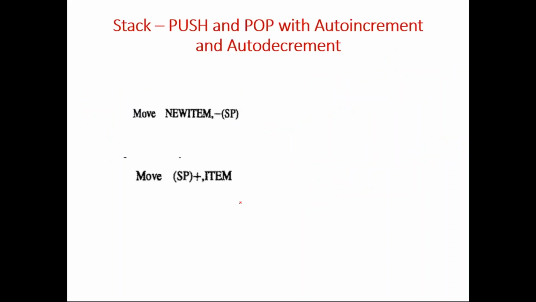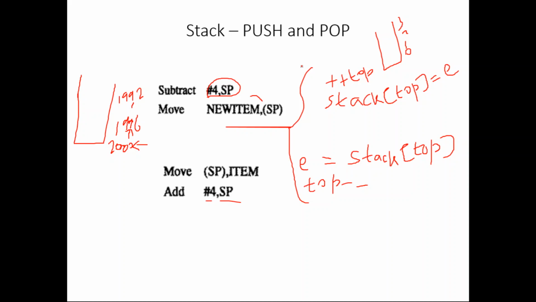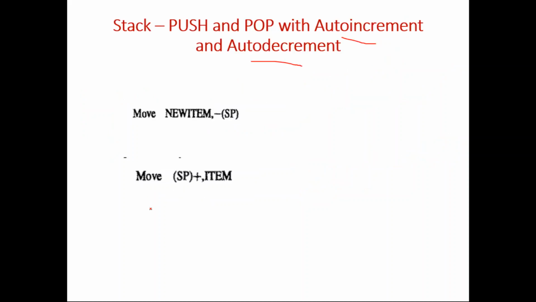If the particular microprocessor that you are using supports auto increment and auto decrement operators, then the two instructions we previously used for push and the two for pop can be merged into a single instruction. So here what we are doing is move new item comma minus SP.